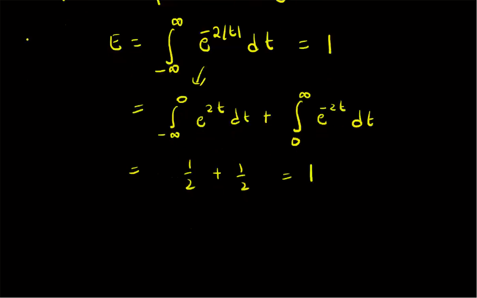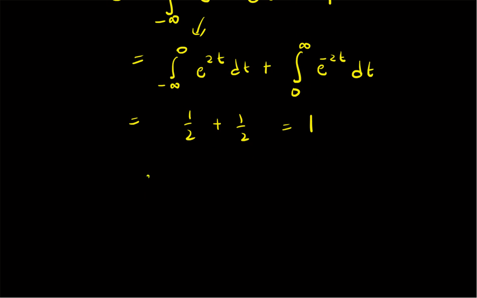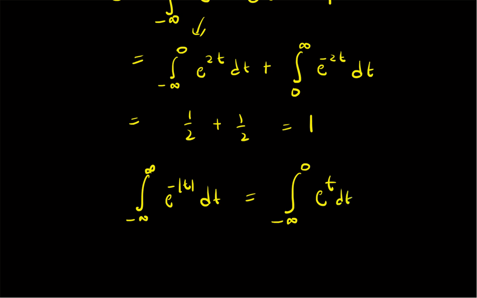Similarly, we can also look at the integral from minus infinity to plus infinity of e power minus mod t dt, and we can derive this integral too. It is the integral from minus infinity to 0 of e power t dt, plus the integral from 0 to infinity of e power minus t dt. The first integral is 1 and the second one is also 1, so the total value is 2, which is less than infinity.